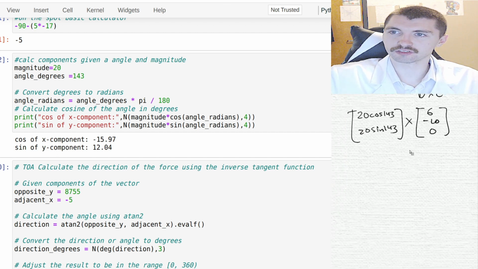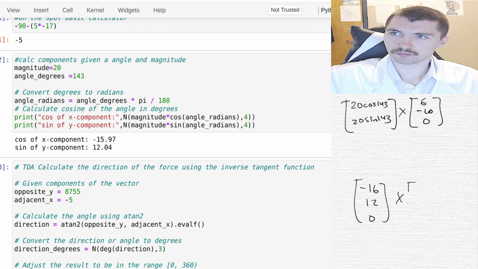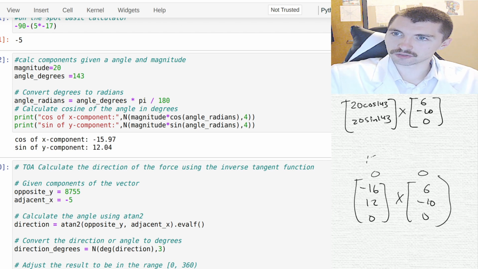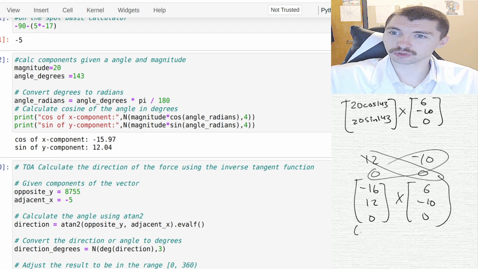Let me give myself some more room. We put the rows on top to keep the dimensions the same. You can look on YouTube, I don't know if anyone else is doing this method. This is something I came up with myself, and I can prove it if you watch all of the lectures in our series.